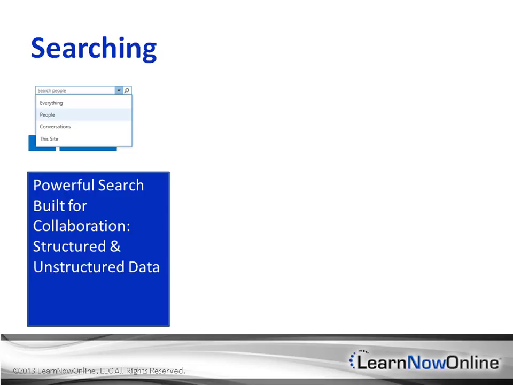As you can see from the image, when you're using the standard or enterprise SharePoint 2013 versions, you're able to search everything, search your colleagues, search specific conversations that are occurring in the newsfeed, and set different search levels or items even outside of your SharePoint site that you'd like to provide results for.